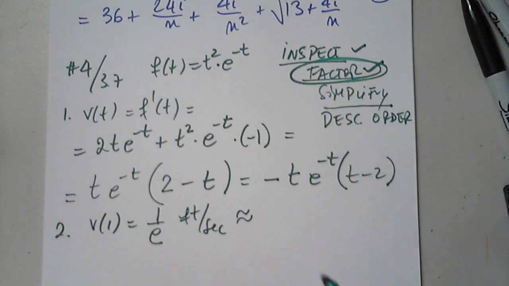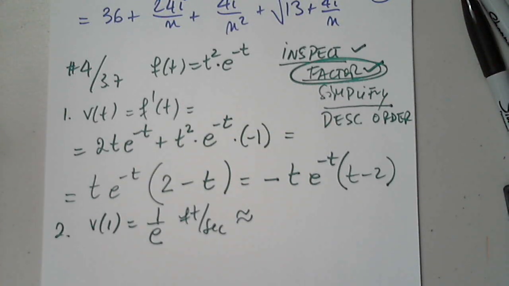In this case, I would approximate it, only because what is 1 over e? I have no idea. I have the calculator brought up already. I prefer doing this, so I put negative 1 on it.